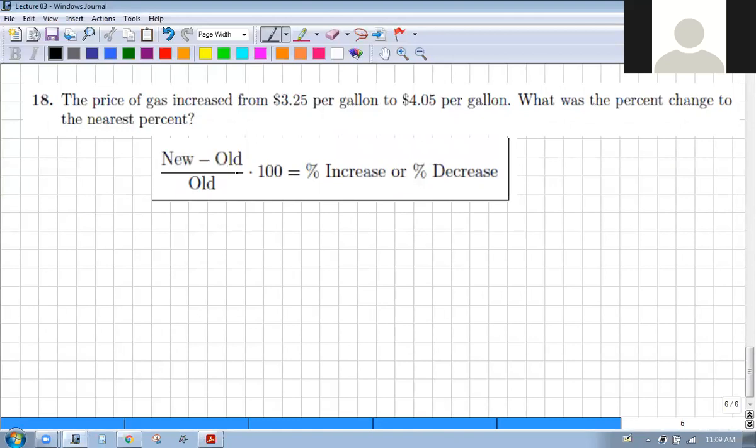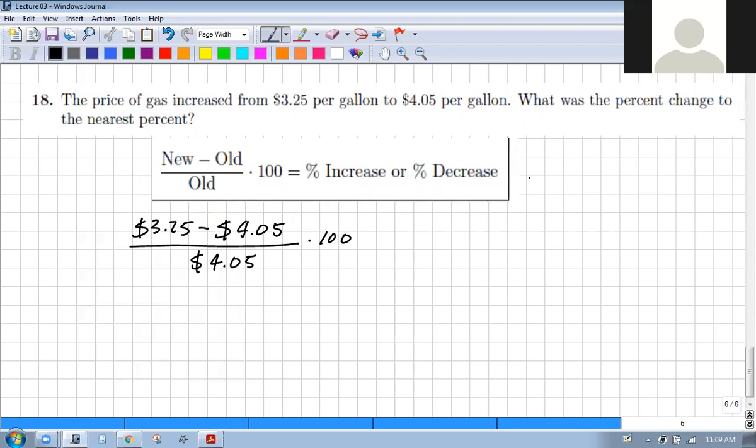we got new price minus old price. So we have 405. Wait, that's the old price, right? New price is 325. And old price is 405. And they say to take that, multiply it by 100.